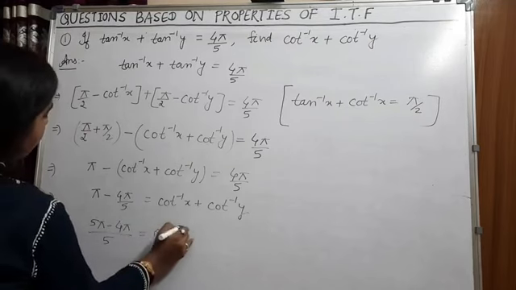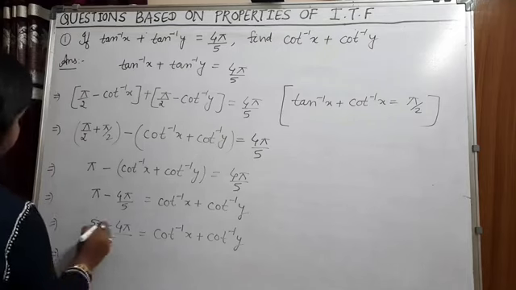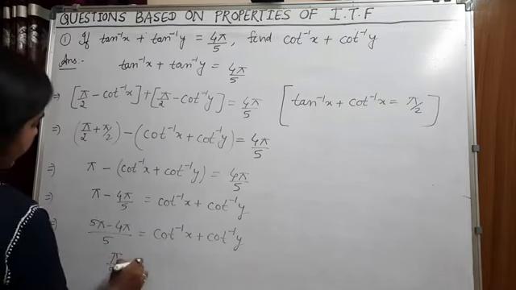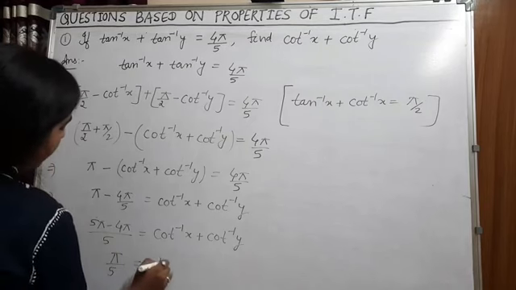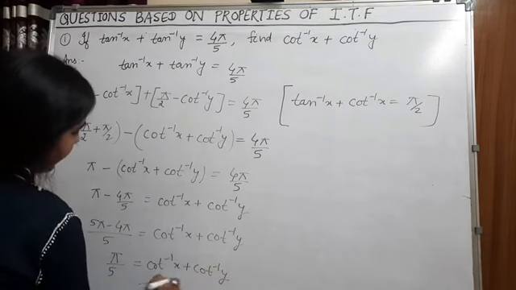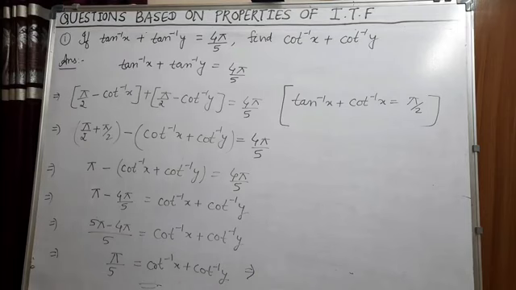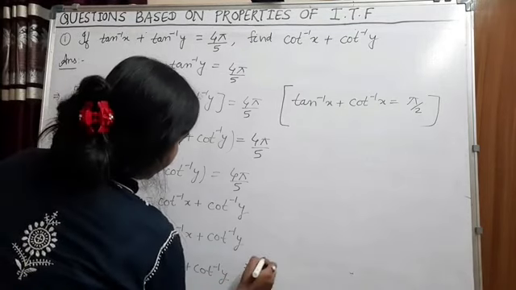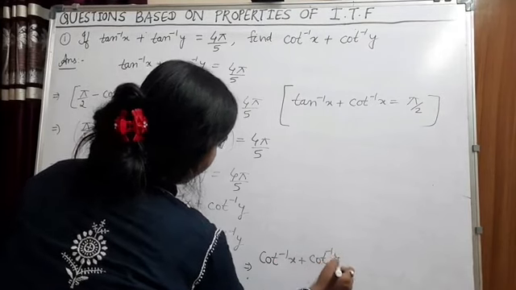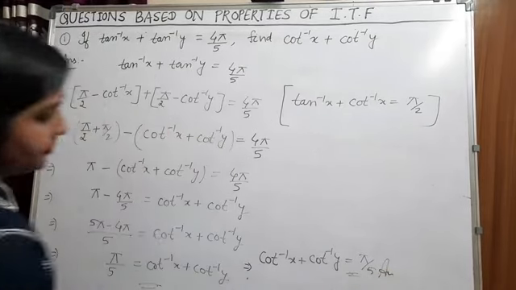After calculating it, this is pi by 5, and this value is cot inverse x plus cot inverse y. So this is our answer. We can write it as cot inverse x plus cot inverse y is equal to pi by 5. So this is our final answer.